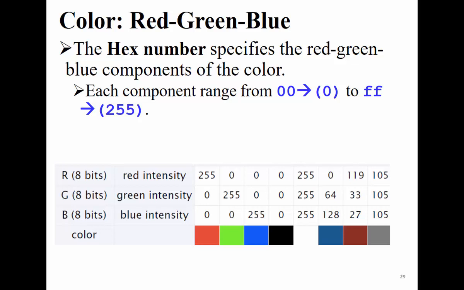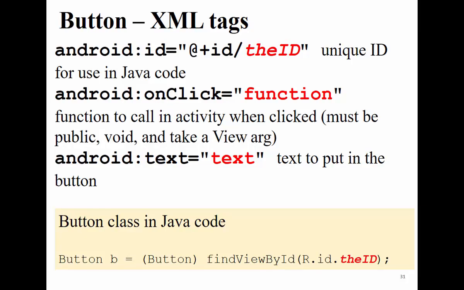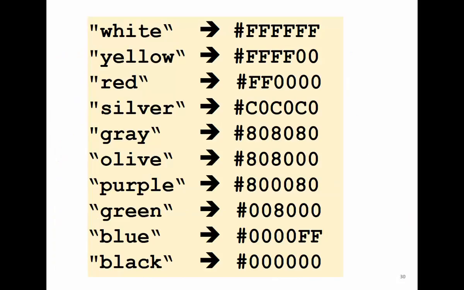Black is all 0. All of them at FF is white, and these are the grays and other colors. These are the most used colors, the obvious ones like white, yellow, red, silver, gray, up to blue and black at the end.